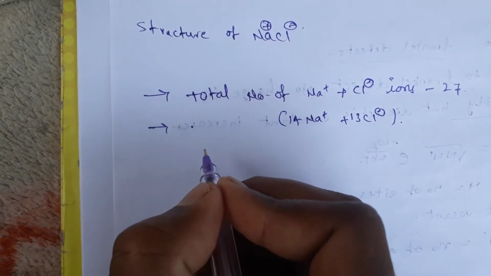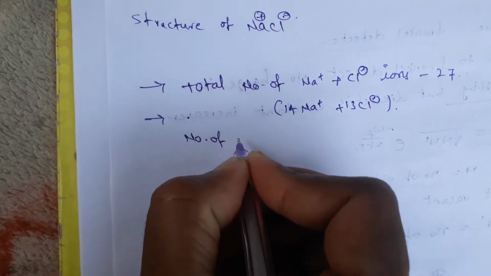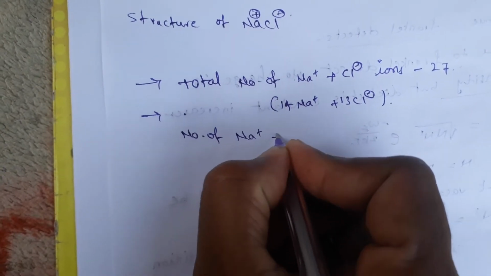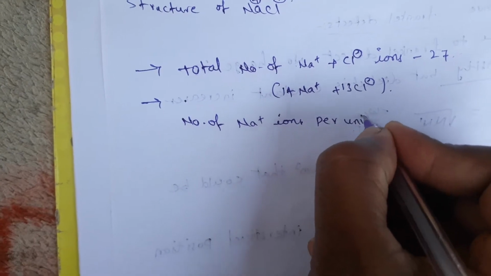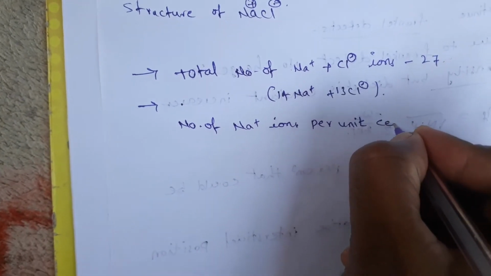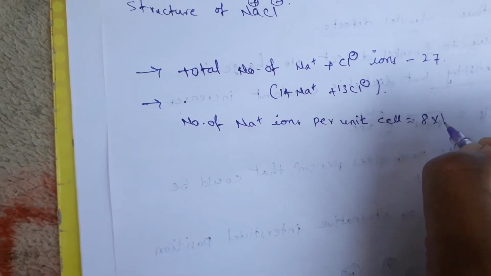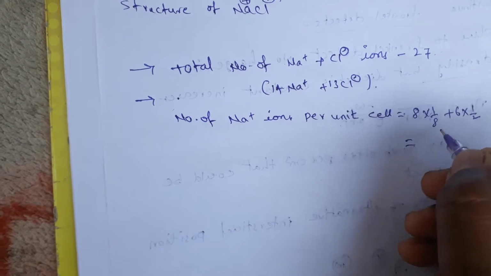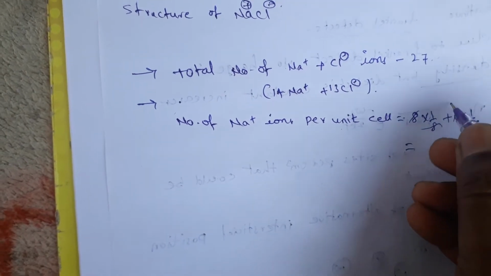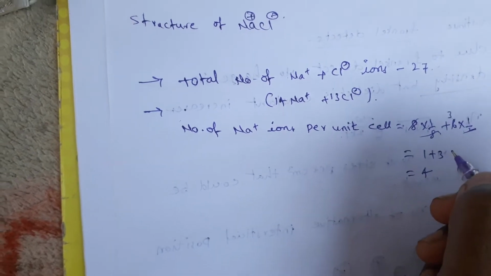So number of sodium plus ions per unit cell is equal to, if you see FCC, 8 into 1 by 8 plus 6 into 1 by 2, that will give you 1 plus 3, that is equal to 4 atoms.